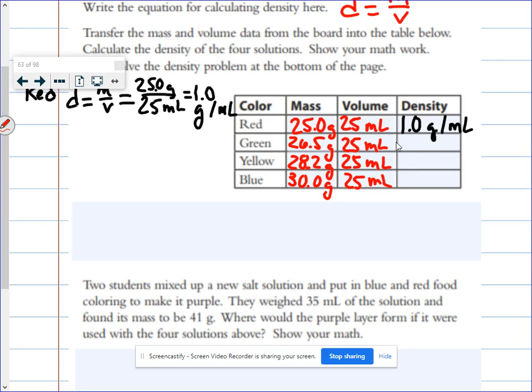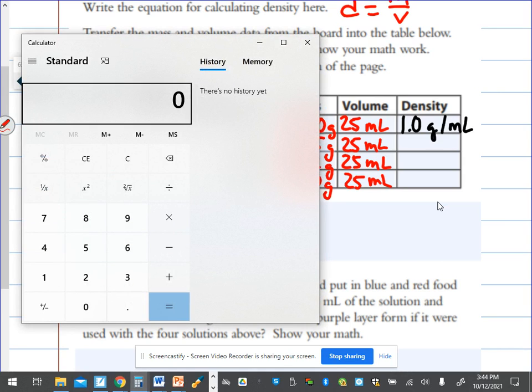Okay. So I may have originally told you just to go out to 1 decimal place, but that may not have actually been enough just to see the differences. So with the green one, when you take 26.5 divided by 25 milliliters, you get 1.06.